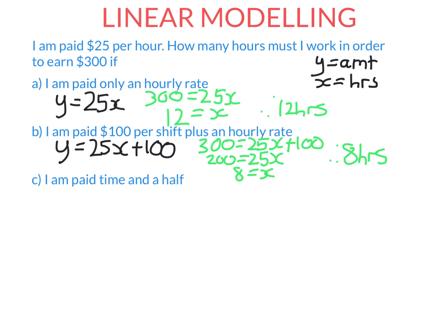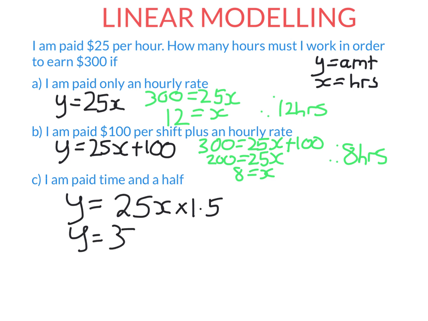So if I want to find the equation linking y and x, it would be $25 per hour, but I need to times that by 1.5 because for each hour we work, we get paid for 1.5 hours. Of course the order in which you multiply doesn't matter. I can just go 25 times 1.5 and I get y equals 37.5x.